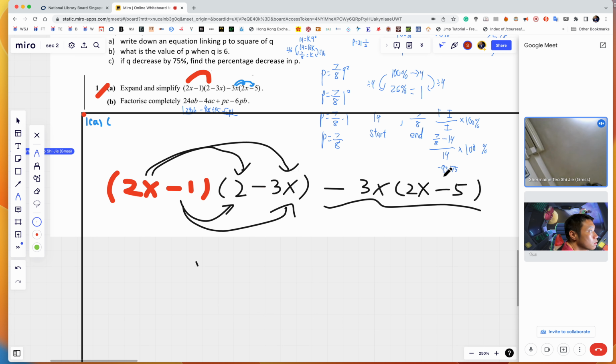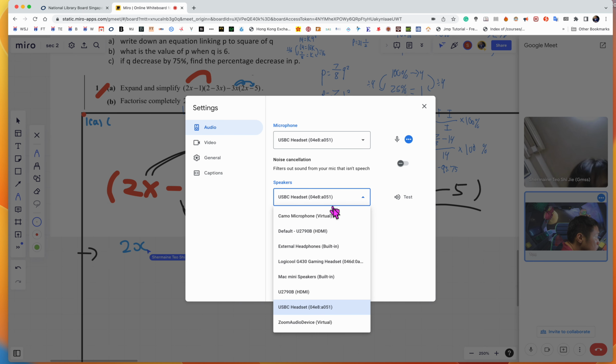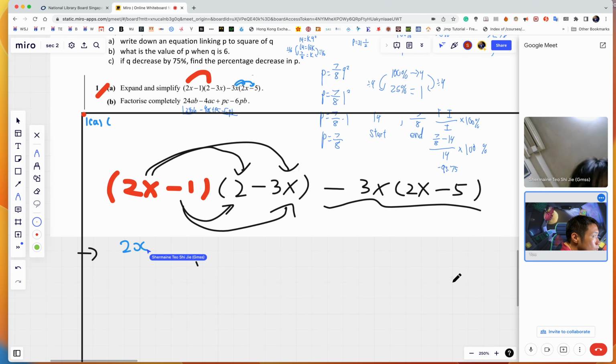Okay. Continue for me. Over here. Wait. 2x times x, times 2. Good. So first arrow done. So this is first.